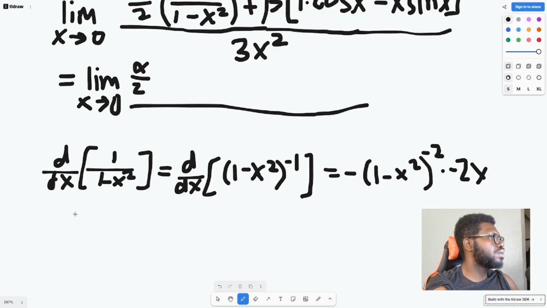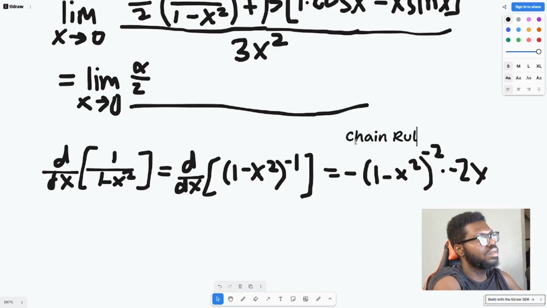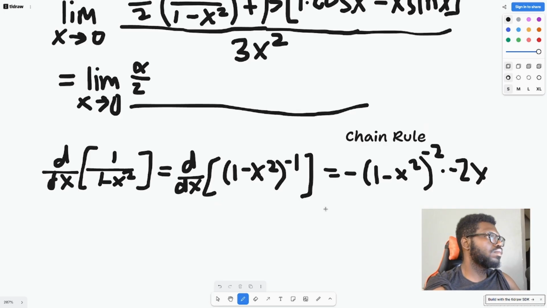And then once we simplify this, we get, negative times a negative is a positive. The negatives are going to cancel here.